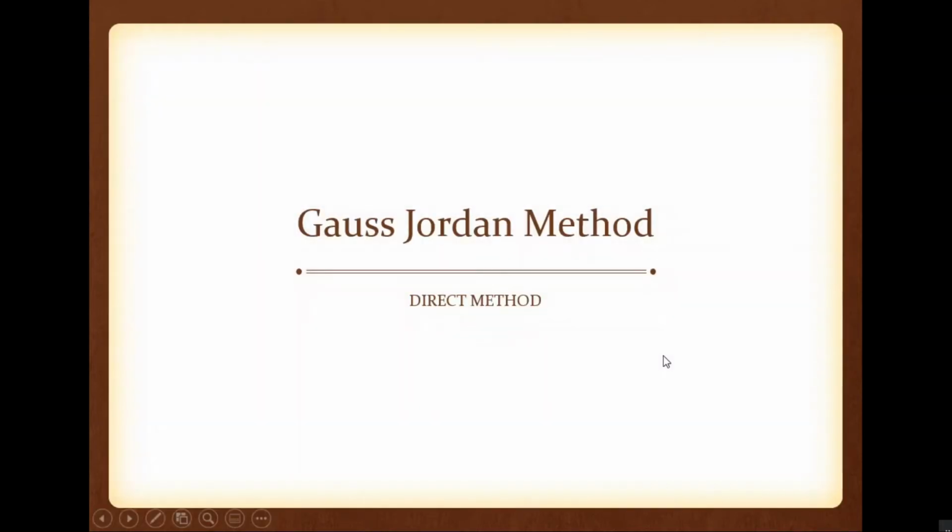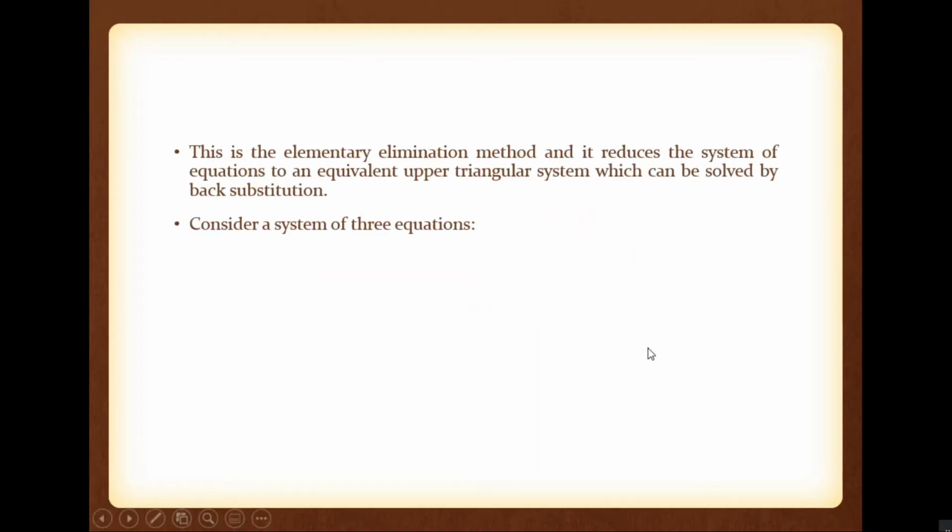So Gauss-Jordan method, we are going to discuss about Gauss-Jordan method. Here again we are considering this system for explanatory purpose. A11 x1 plus A12 x2 plus A13 x3 is equal to B1. A21 x1 plus A22 x2 plus A23 x3 equal to B2.